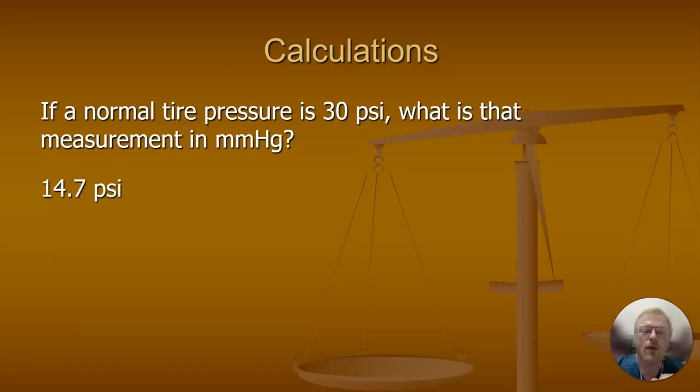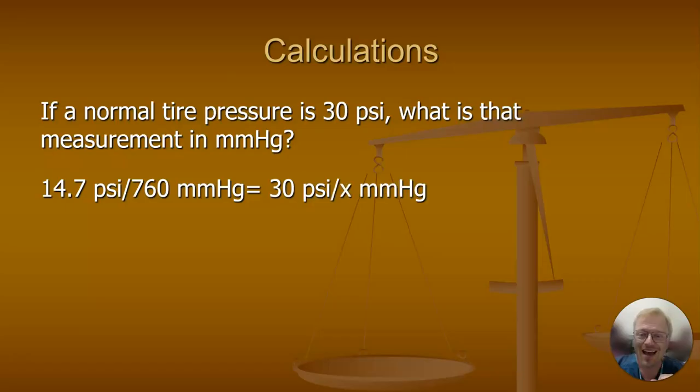Well, we know that 14.7 psi is equal to 760 millimeters of mercury. And we have 30 psi is how many millimeters of mercury?